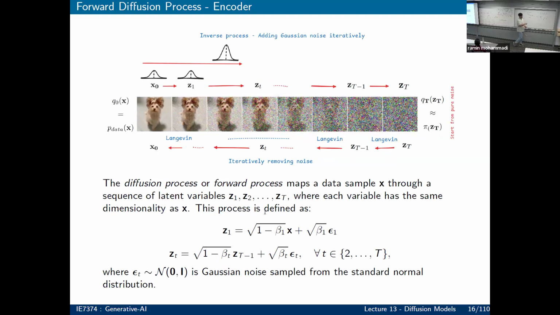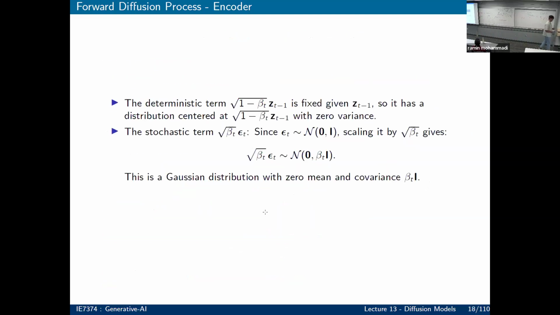The second term is small because beta was small. As time goes on, beta is larger, so the second term becomes more dominant. So you're adding more noise as time goes forward. That's the idea: incrementally increase the beta.